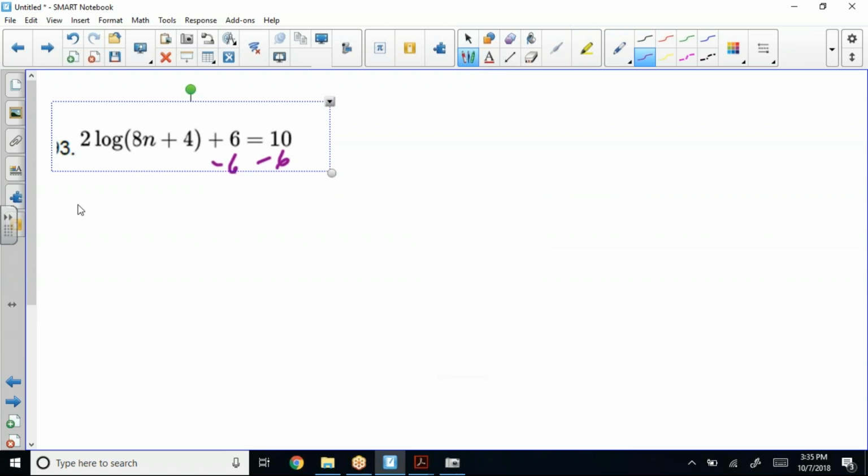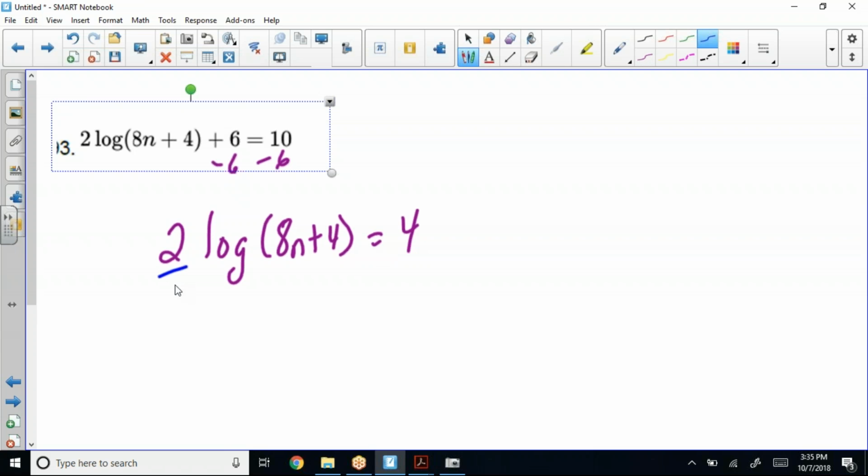Let's do number 6. So we have 2 log of (8n plus 4) equals 4, right? I can divide both sides by 2. That gives me the log of (8n plus 4) equals 2, right?